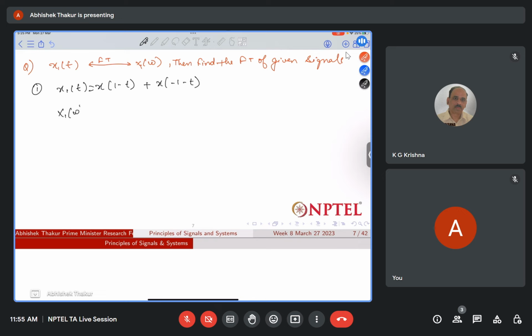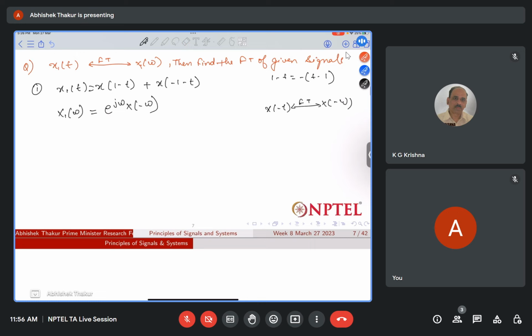When you do the transform on both sides, the left hand side becomes X1(omega). In the right hand side, the time is in minus t, so we use the time reversal property: x(minus t) has the transform X(minus omega). Here 1 minus t can be written as minus of t minus 1, so it will become e to the power of j omega X(minus omega).